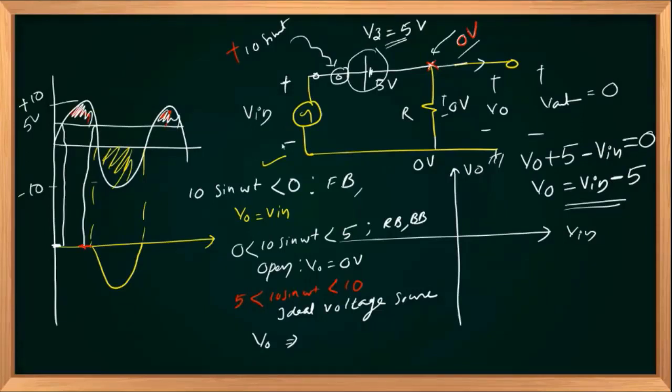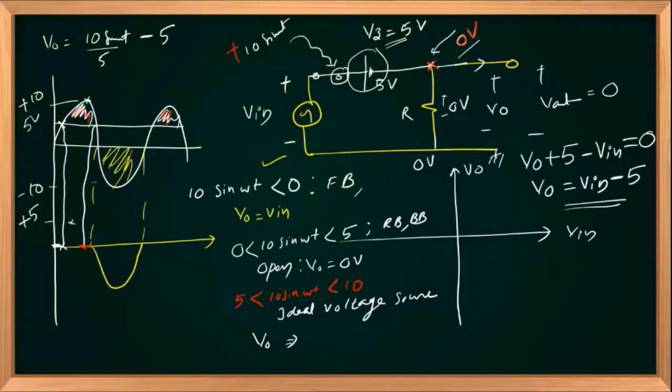So you're subtracting 5 volts from 10 sin omega t, right? So V out is nothing but 10 sin omega t, your input, minus 5. If the instantaneous value is 5, you are subtracting 5 from 5, you'll get a 0. If you are concentrating on the peak, the instantaneous value is plus 10 minus 5, you will get a plus 5, positive 5 peak for the output.